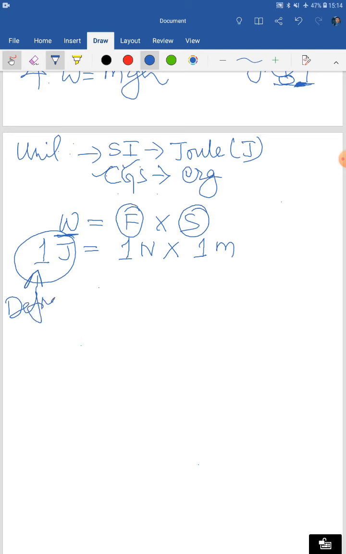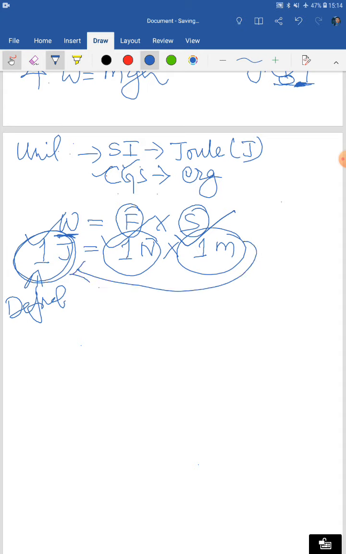So the definition of 1 joule: 1 joule is the amount of work done when a force of 1 Newton displaces an object by 1 meter. Or you can define it the other way: when 1 Newton of force makes a displacement of 1 meter on an object, then the work done on that object is 1 joule.